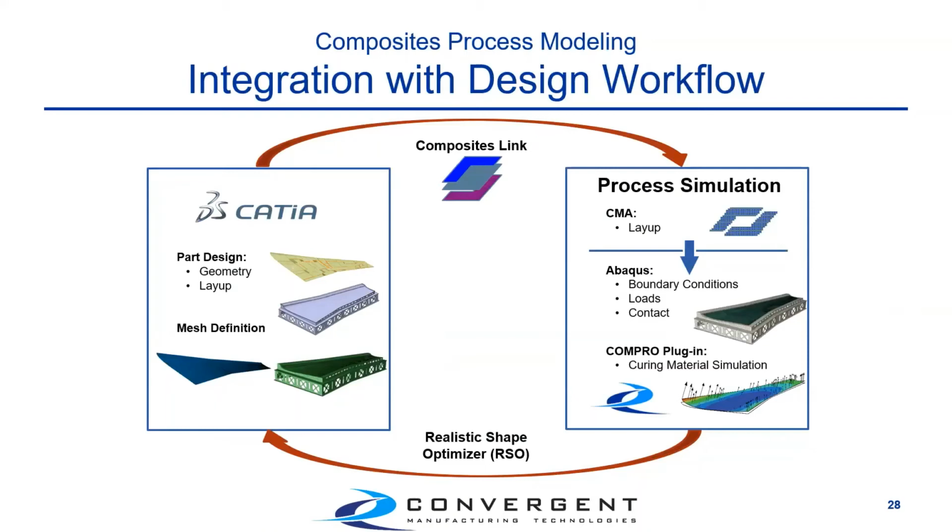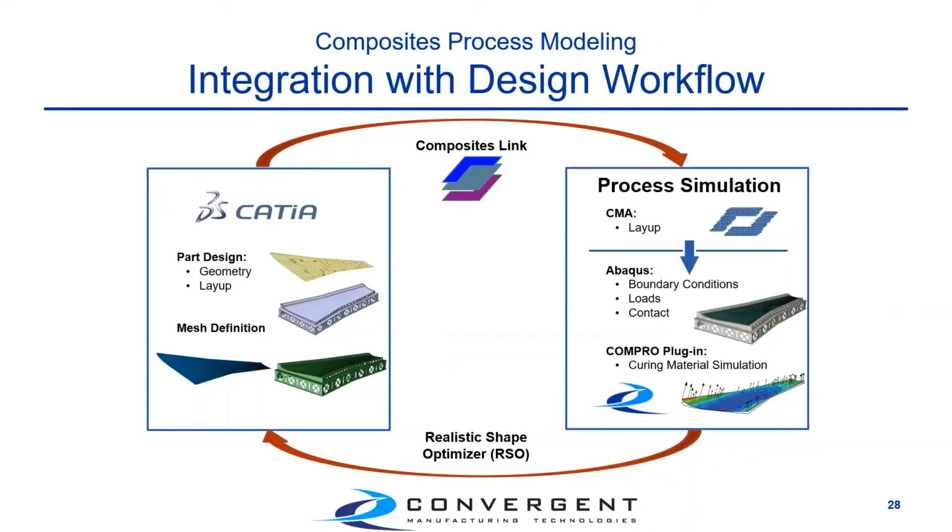Then inside ABAQUS, the CAE plugin is used to help you guide through selecting the material, defining the boundary conditions, and running the simulations. And COMPRO in the background takes care of all the calculations. At the end of a spring-in calculation or stress deformation, you have the deformed shape of the surface.